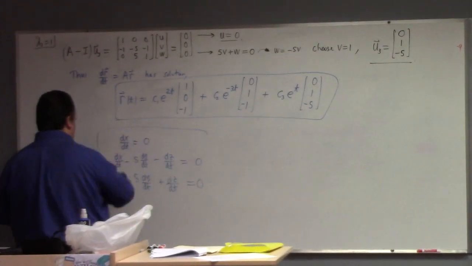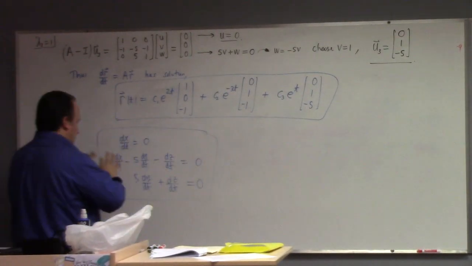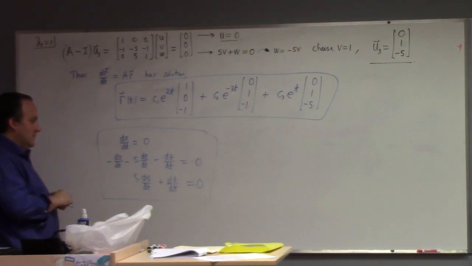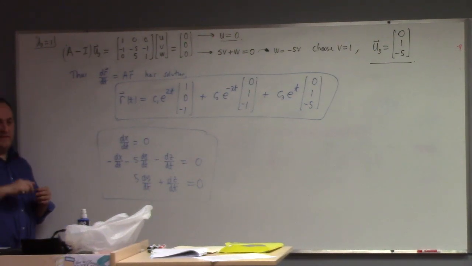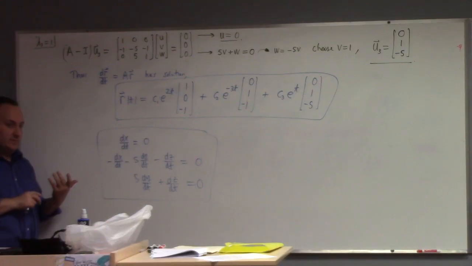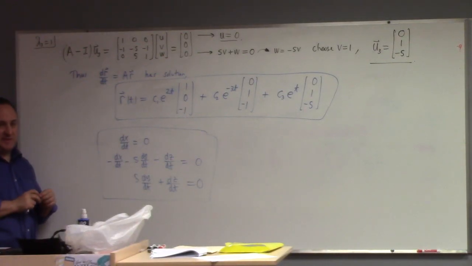So this is what it would look like if you were to face it just directly. This is not that ugly of a problem. If you can see your way through it, it's probably faster to solve it by hand, but I will ask you to solve it by the method of eigenvectors, so it's a somewhat academic question.